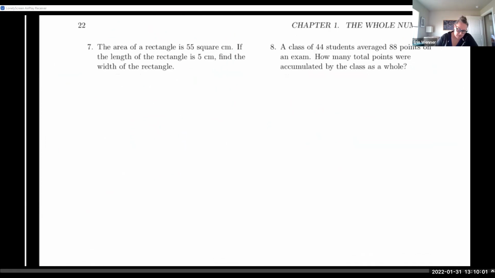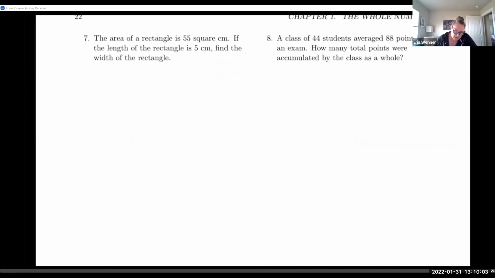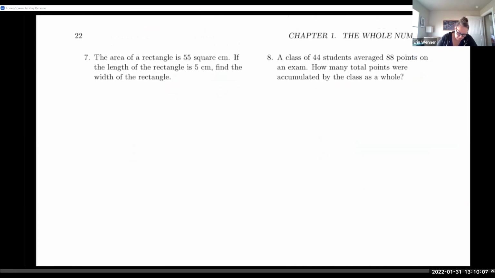So number 7 says the area of a rectangle is 55 square centimeters. Remember, area means length times width. So if we have a rectangle, we've got a length and a width. If the length of the rectangle is 5 centimeters, we can replace this L with 5 centimeters, and find the width of the rectangle.